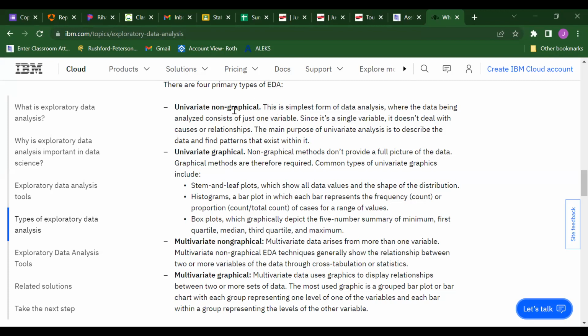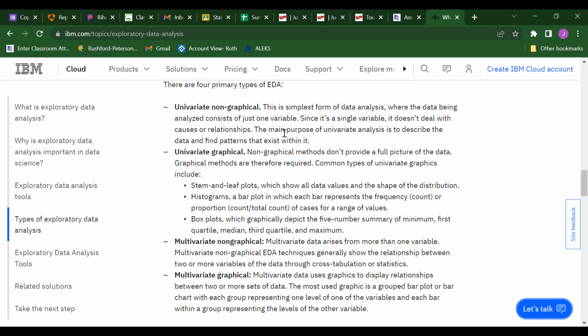So univariate non-graphical. Okay, that's our simplest form of data analysis. The data being analyzed consists of just one variable, and that's what this means. Univariate means one variable. Since it's just one variable, it doesn't deal with causes or relationships. The main purpose of univariate analysis is to describe the data and find patterns within it.